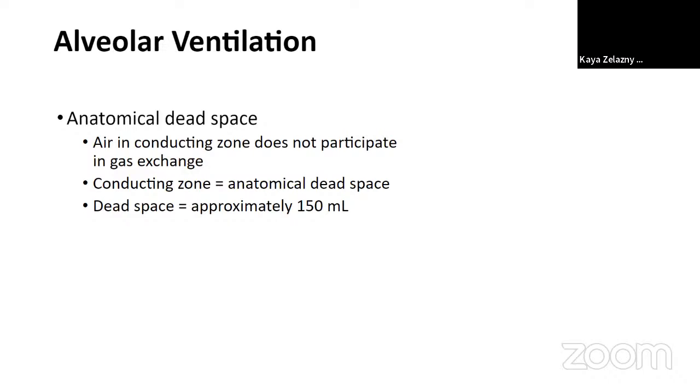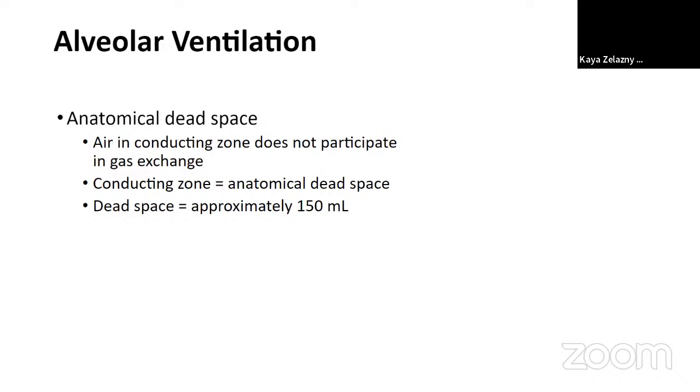So we consider the air in them dead air because it's in your lungs, but it's not going to have those gases crossing the alveolar membrane. So we have to account for that anatomical dead space when we're thinking about how much fresh air is really getting into the alveoli.